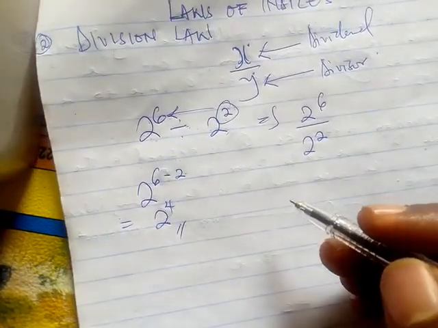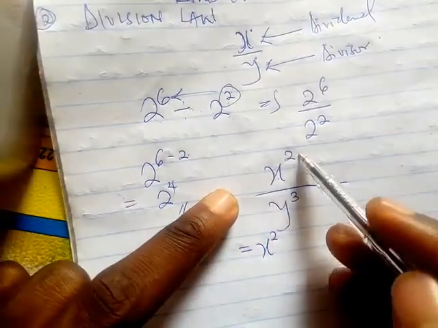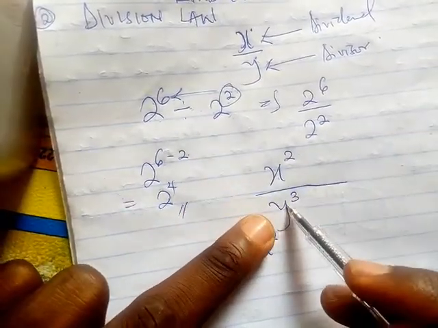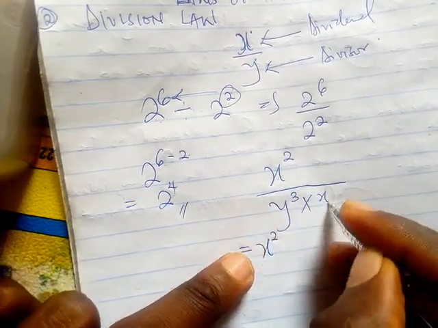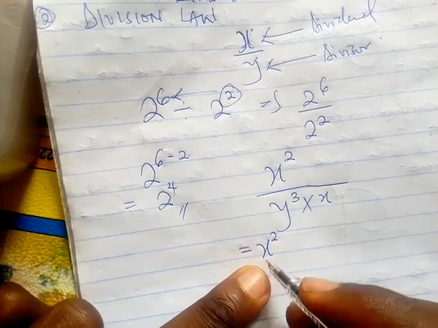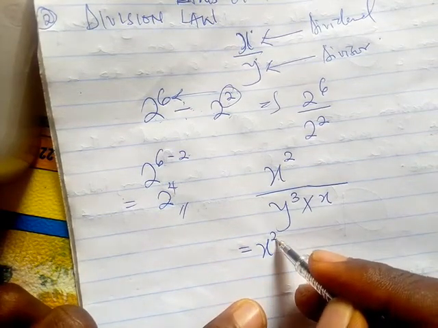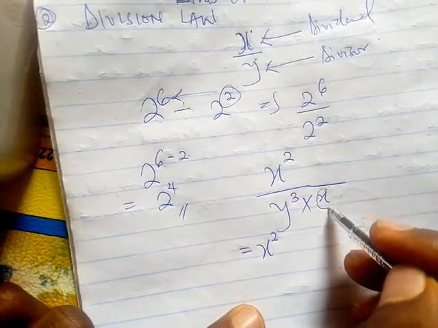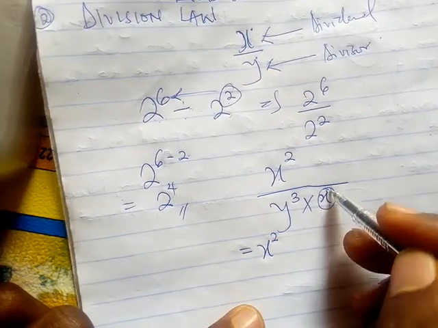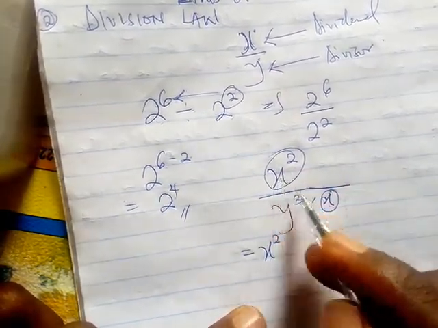Now, if you have another question, when you have x raised to power 2 divided by y raised to power 3 times x. Since you have x here, which is x raised to power 1, and you have x here raised to the power of 2, they have the similar base.